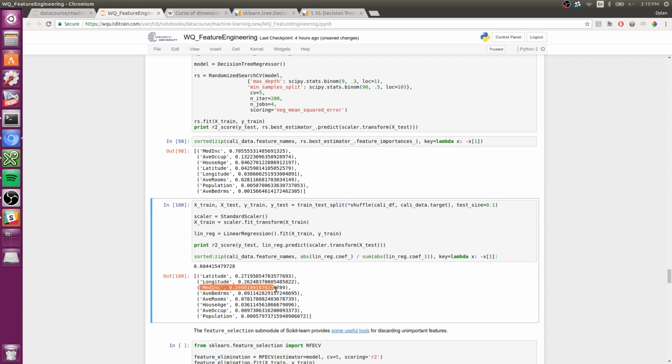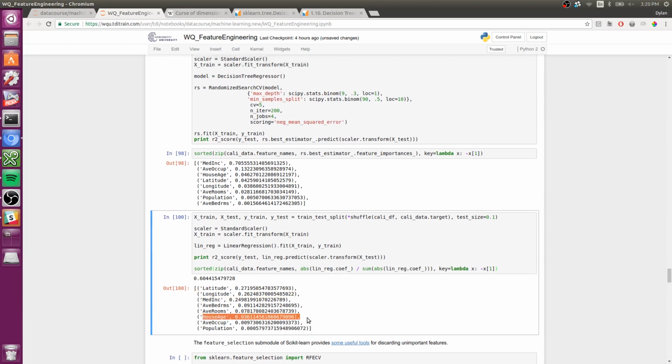So median income was one of the most important variables. Surprisingly here, latitude and longitude both got picked out as important by a linear model, despite the fact that they are clearly non-linearly related. Meanwhile, house age and some other variables are down here at the bottom.